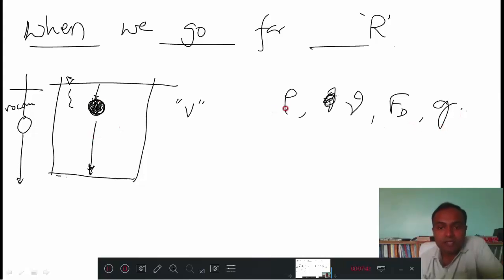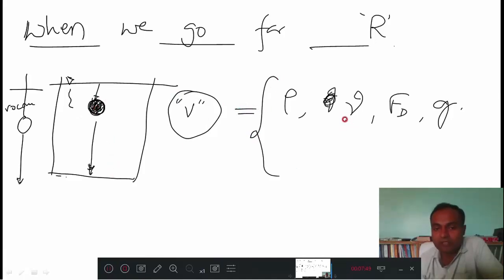Like that, the velocity of the ball moving in the water depends on so many parameters. Whether they depend directly or inversely, we don't know, but they depend on these many parameters. Then the question is how we need to establish the relation between them.